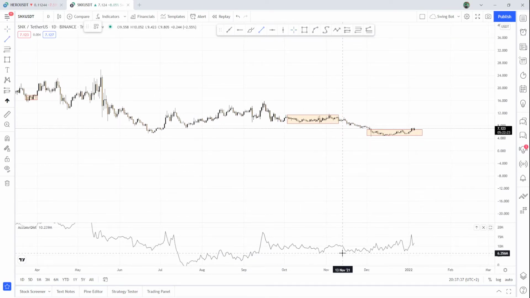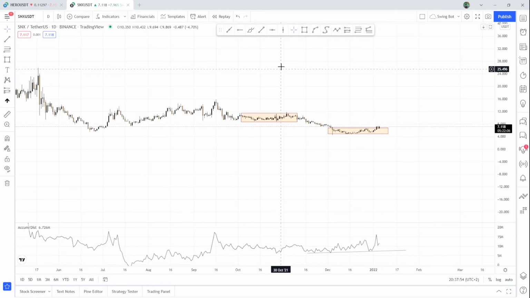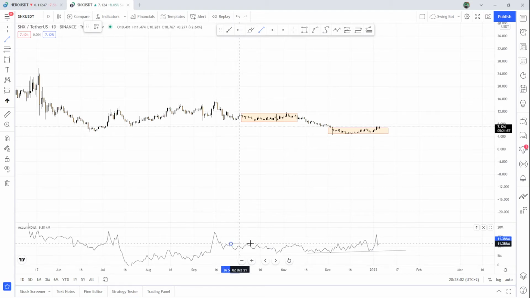If we look at the accumulation and distribution indicator, let's see what we find here. So we have just a small, very small uptrend, okay, which is good, but let's see what we have here. So let's go like this first.